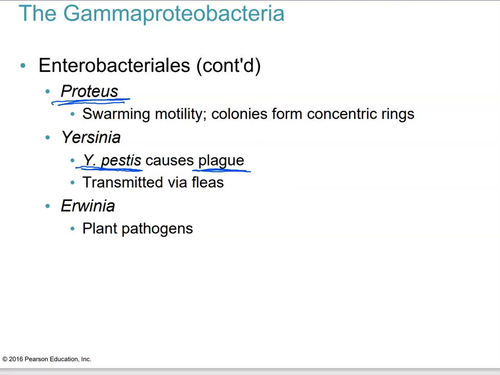There were outbreaks of plague in Europe that caused whole cities to be decimated and killed millions of people. It's transmitted via fleas and rats, and we will talk about this pathogen, of course, in a pathogen group. And then here's a more rare one that you may not have heard about, and you will probably not hear about it again. Erwinia, that's a plant pathogen.